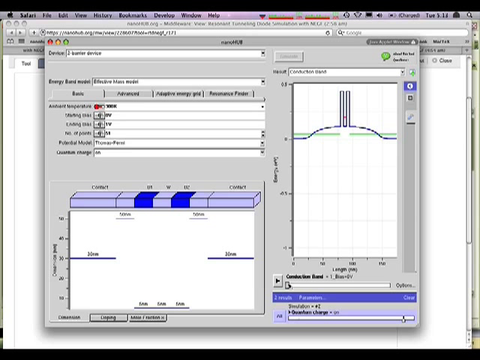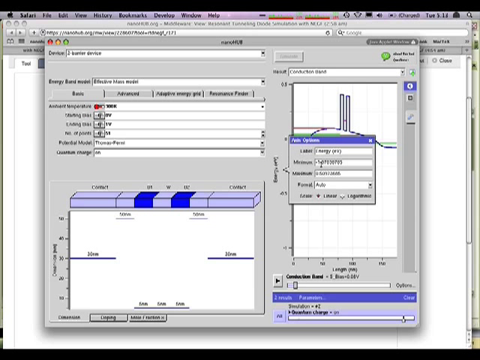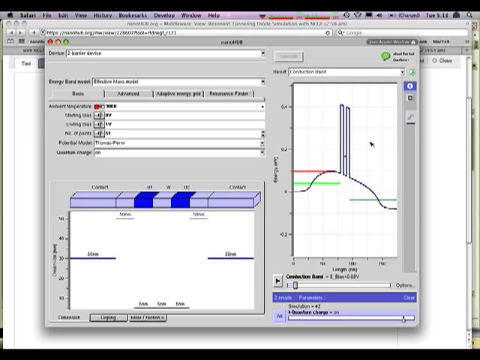Now, as we crank up this voltage, you see that there is a resonance forming in the emitter. Let me zoom into this energy range a little bit cleaner so you can see it more clearly.